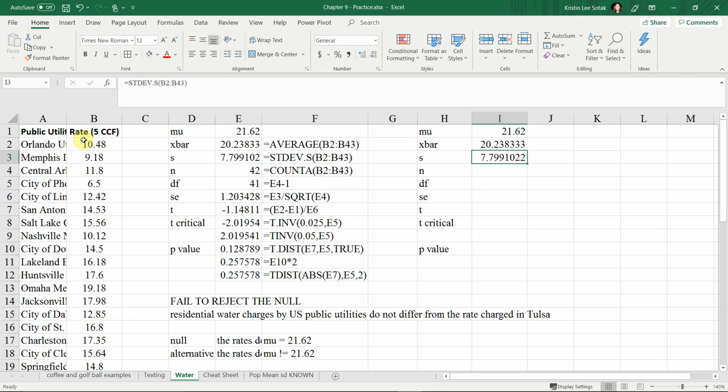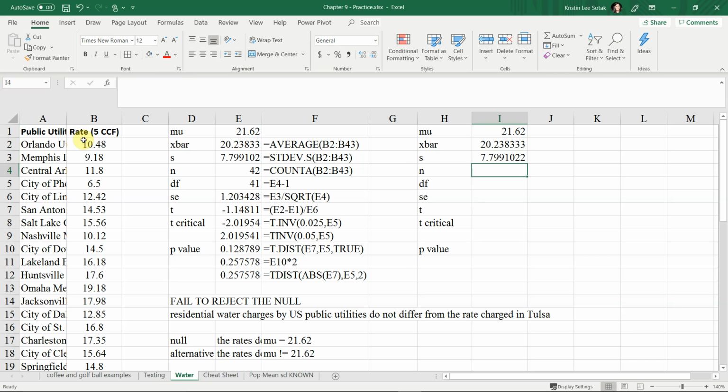It's almost 7.8, so the standard deviation is about $7.80. So there seems to be a lot of variability given that we're dealing with a mean of about $21. So there is a difference, it seems to be $1 cheaper, but the standard deviation is high, so it probably isn't going to be significant.